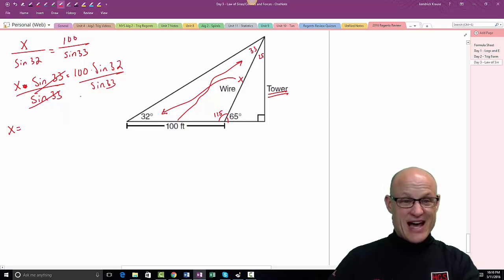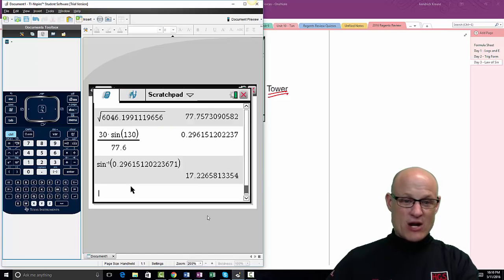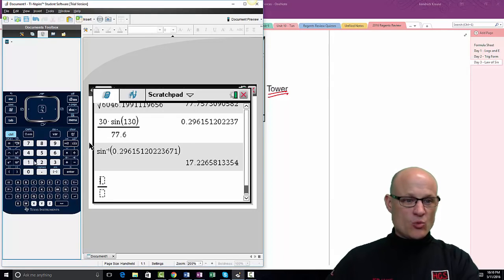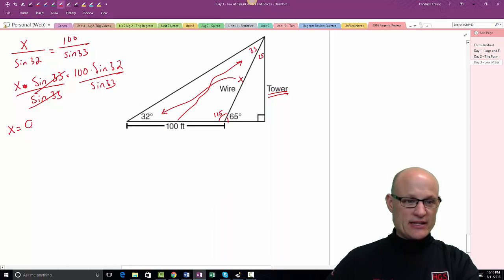Now remember, this is not our final answer, so you cannot round it. 100 times the sine of 32 divided by the sine of 33 is 97.297334. Again, that's not what we're looking for.